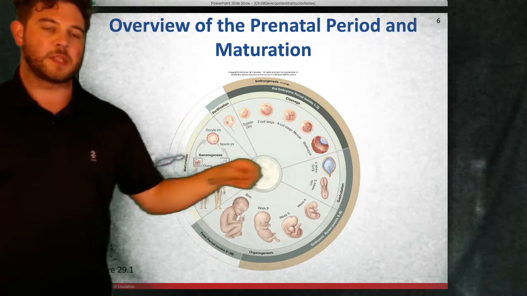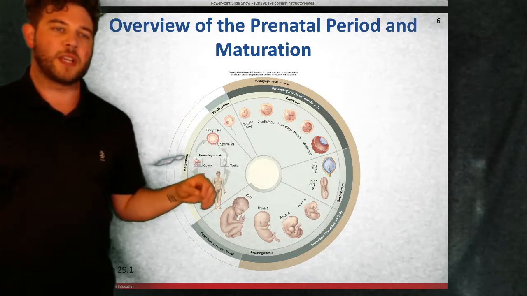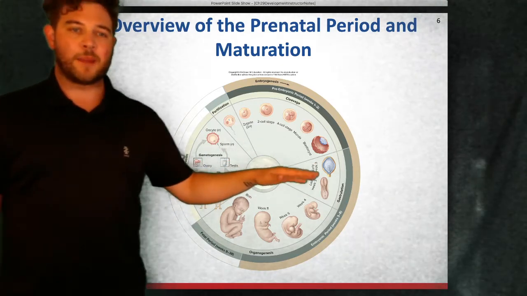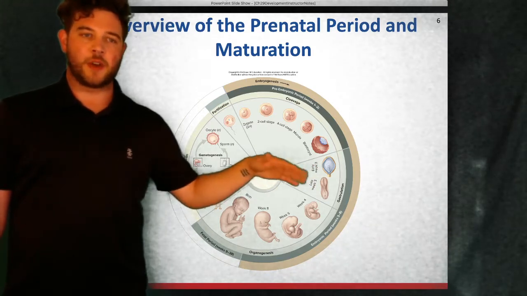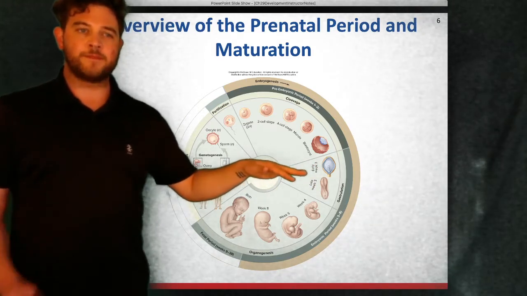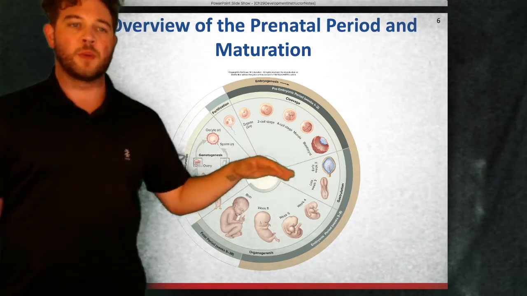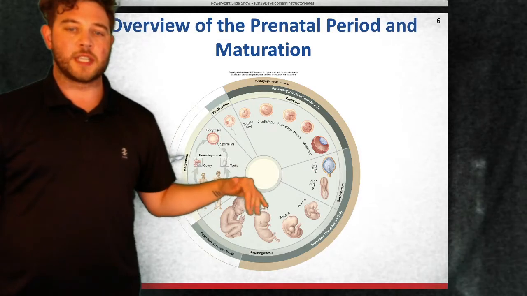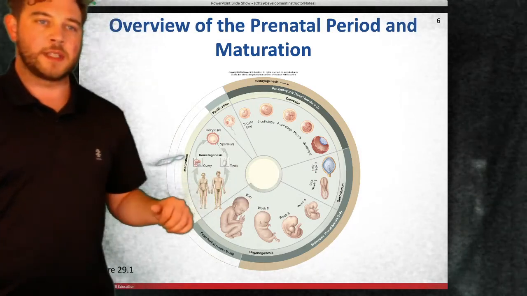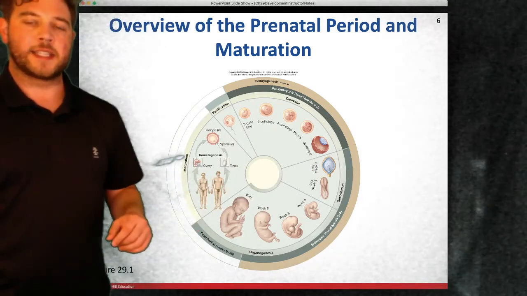You start to have some specific folding happening, some tubes forming. I'm not going to get super in-depth into gastrulation. It's pretty complex as far as types of structures and the way that development occurs, so we're going to look at it kind of basically. And then you have your organogenesis, where you have a lot of development and increasing size and complexity of the organs.